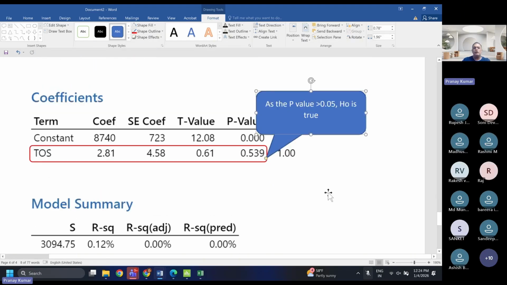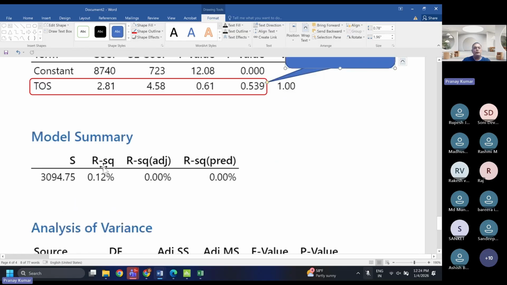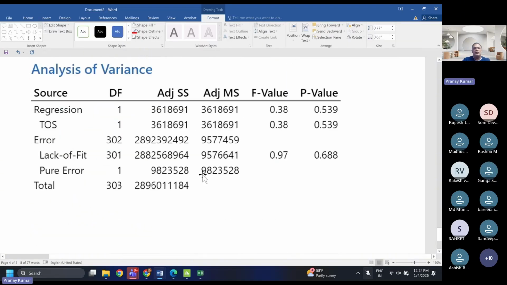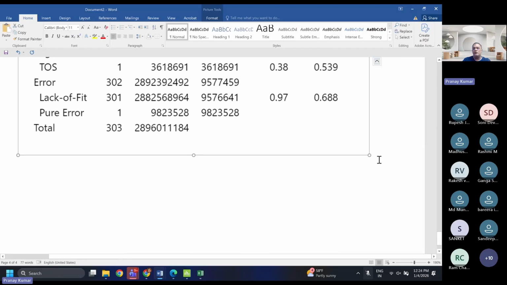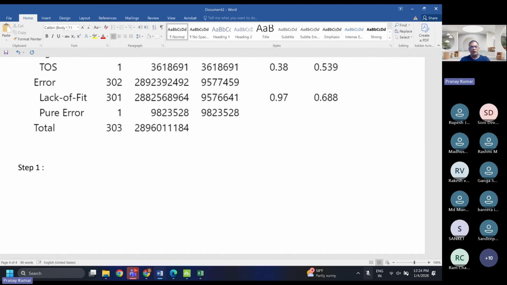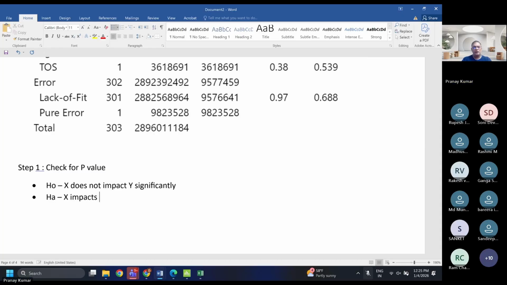The next thing to look for is your R-square value. Let's understand what these things mean to us. Step number one: always when you do regression, check the p-value. Null hypothesis will say the factor does not impact Y significantly. Alternate will say X, or the factor, impacts significantly.